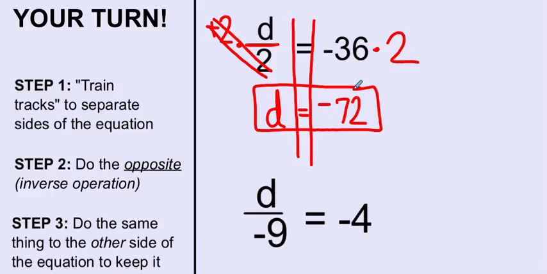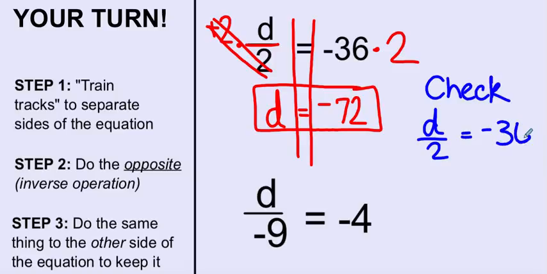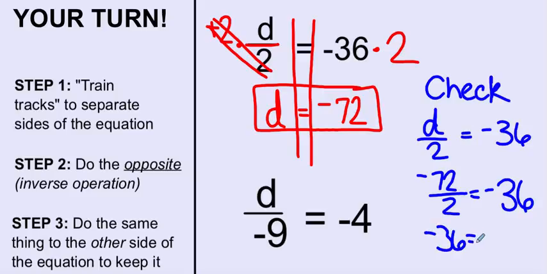As I complete my check, I know that the original equation was D over 2 equals negative 36. I just found that D was negative 72. That needs to be divided by 2. Negative 72 divided by 2 does give me an answer of negative 36, and that checks out because that is the answer that I wanted.